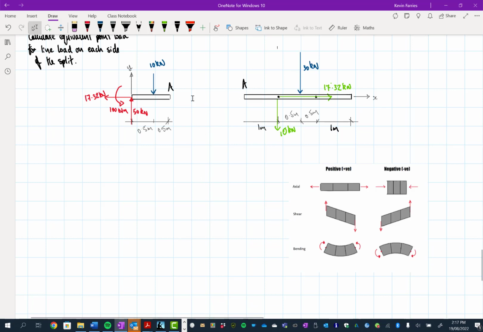So we draw on the forces that we've revealed first. They were a bit like external forces now because we split it and opened it up. But we figure out the direction we want to put those in, need to make sure that the axial force, shear force and the bending moment are all going to be positive. Okay, so to get positive bending, we're going to need a moment here, and we're on the right hand side, so it's going to be positive.